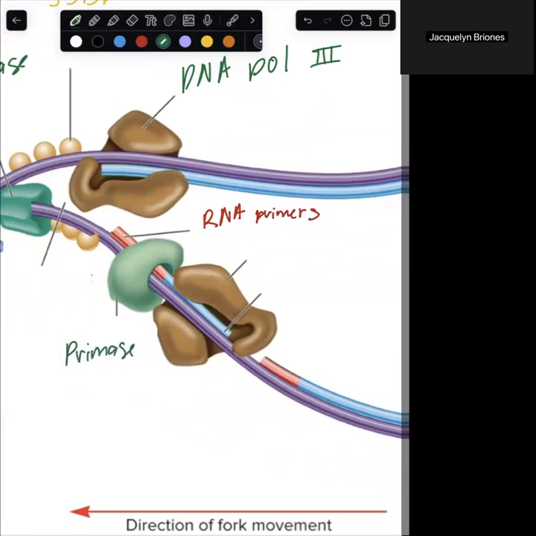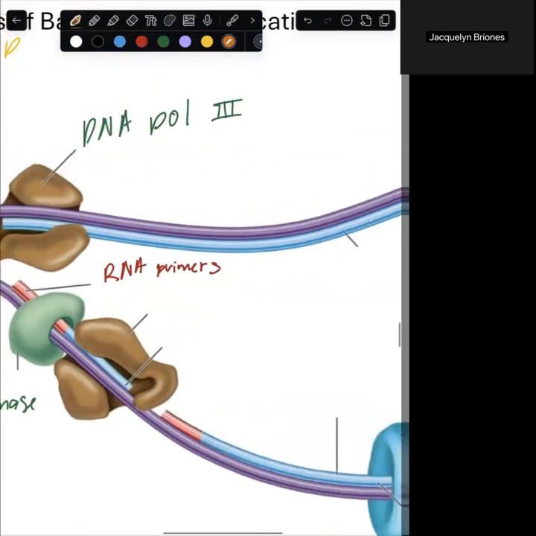And then after that is again our star of the show, DNA polymerase 3. And then here we have an, I can never spell this, Okazaki fragment.